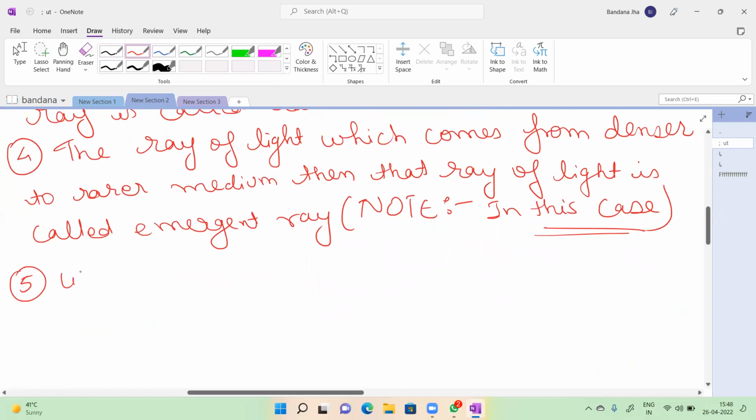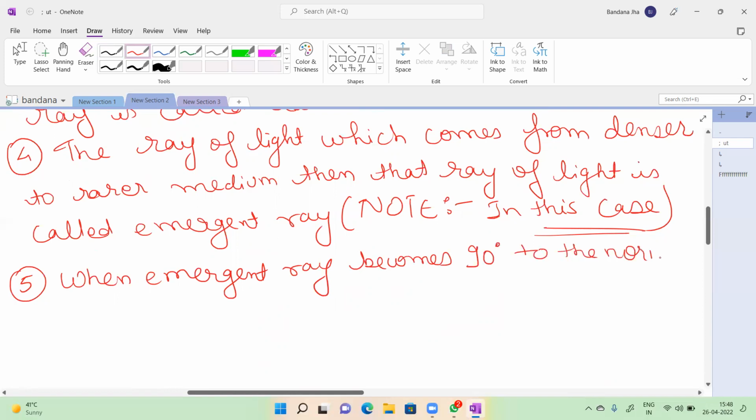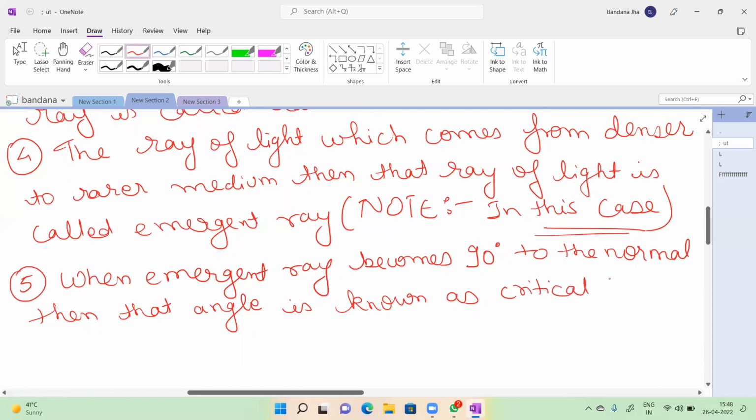Now the last point. Fifth, the most important point: when the emergent ray becomes 90 degrees to the normal, then that angle is known as the critical angle. What does it mean, critical angle?